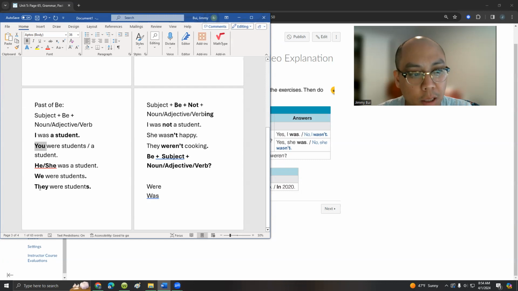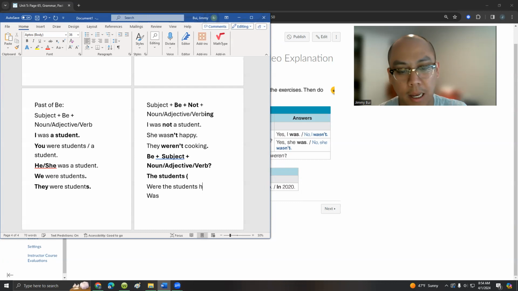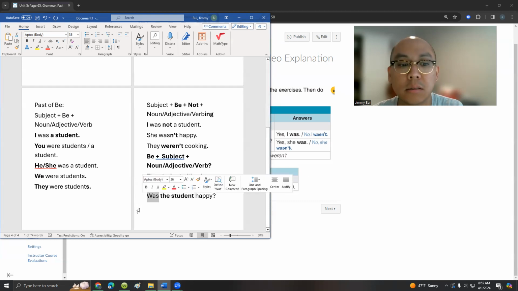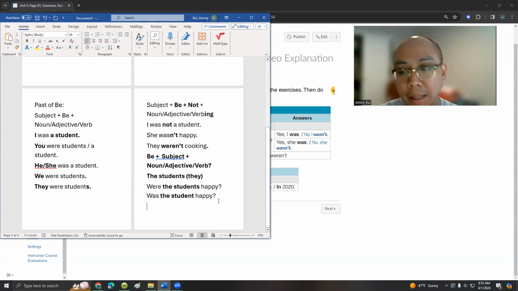If we don't use subject pronouns, they have to be equivalent. Let's just say, were the students happy? The students in this case, if we were to convert this to a subject pronoun, would be they. Was the student happy? In this case, the student now is he or she. So this is singular, so now we need to use was. Hopefully that makes sense.